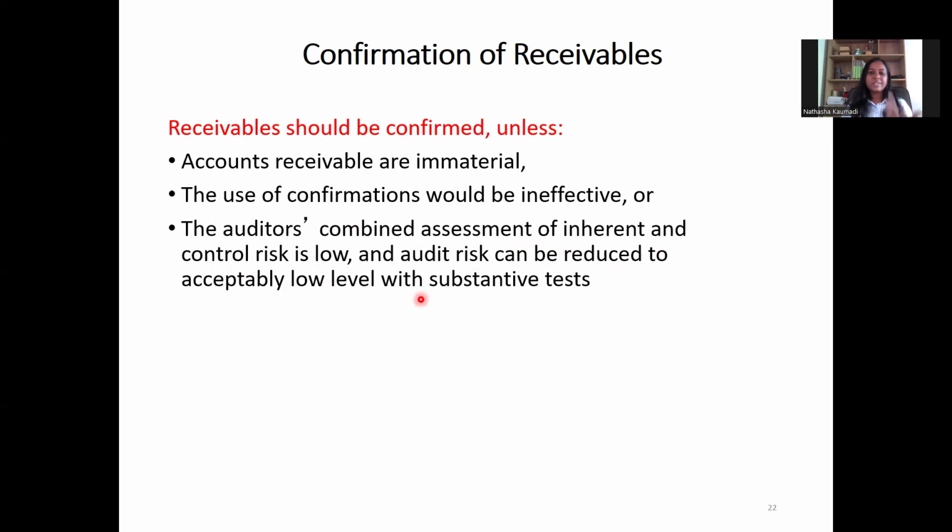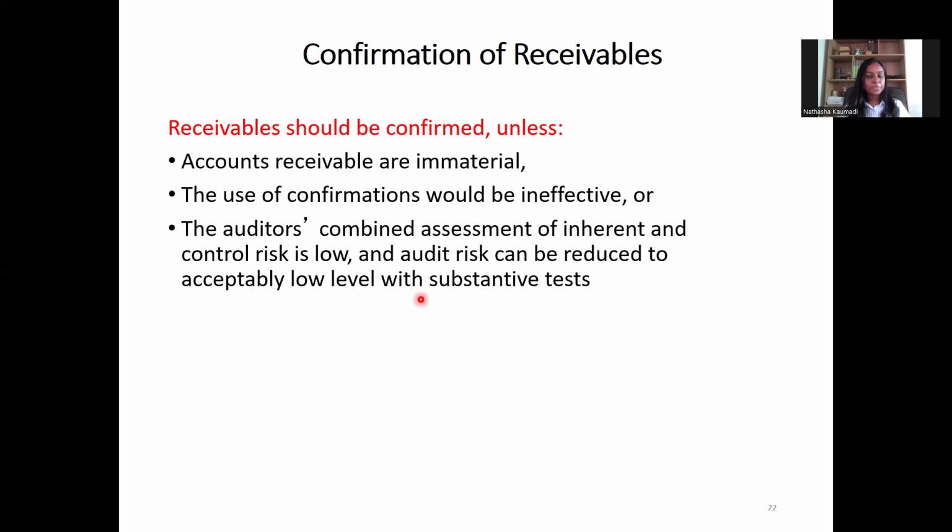Now, you don't have to call confirmation. Risk is also low, so you can cover those assertions using other procedures. No need of calling confirmations. So these are the instances where you don't have to call confirmations.